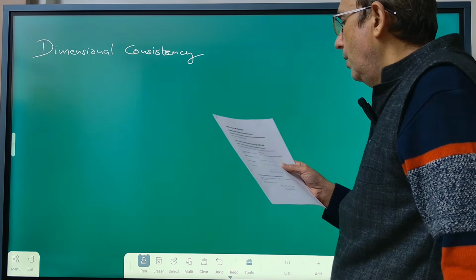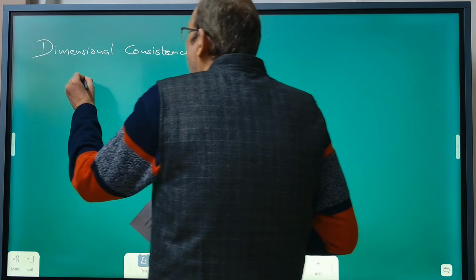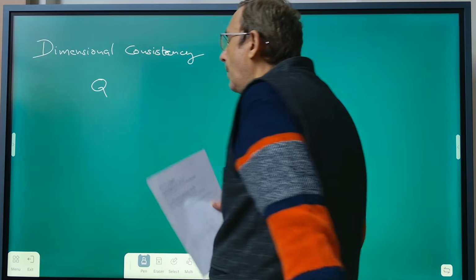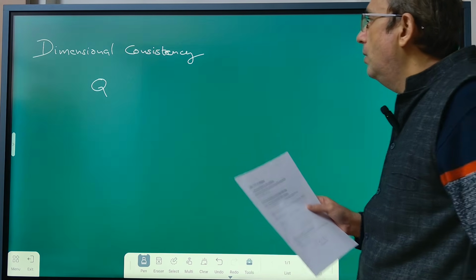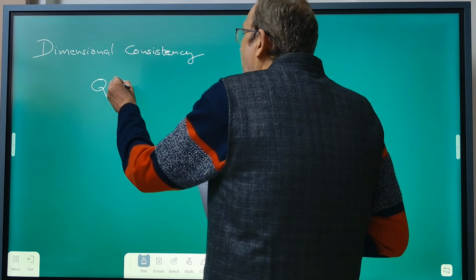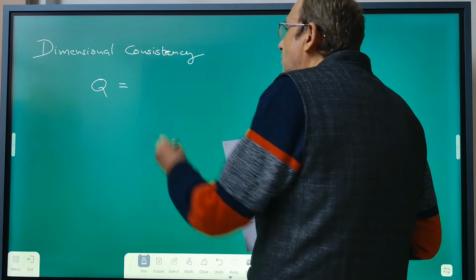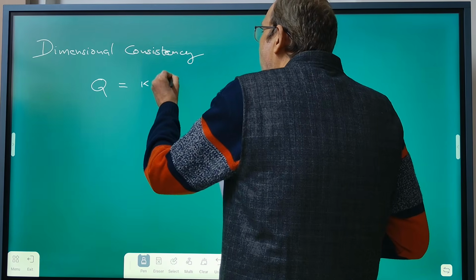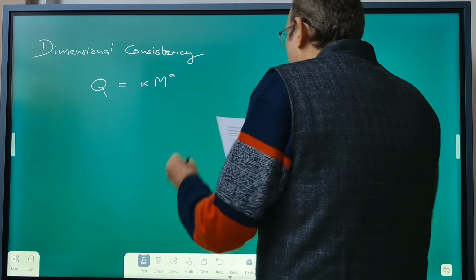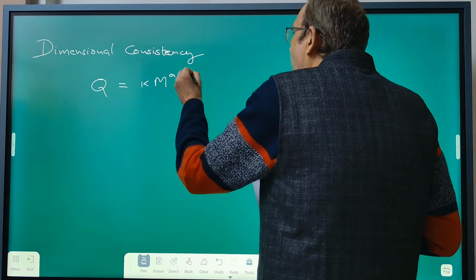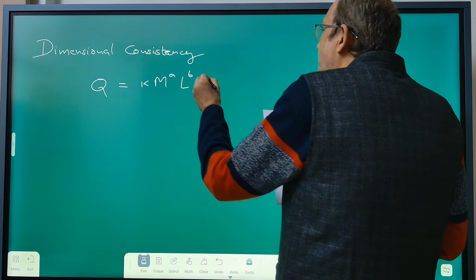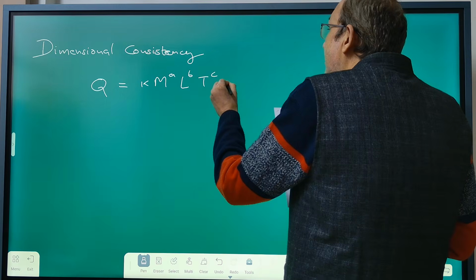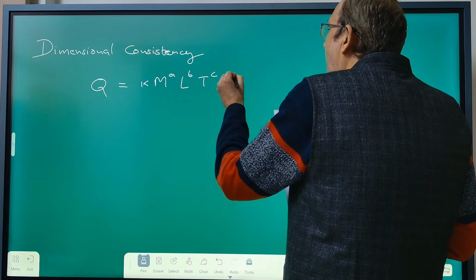The question is that you have a quantity Q which is related to different dimensions like this: k m raised to power a, l raised to power b, t raised to power c, and the acceleration due to gravity raised to power d.